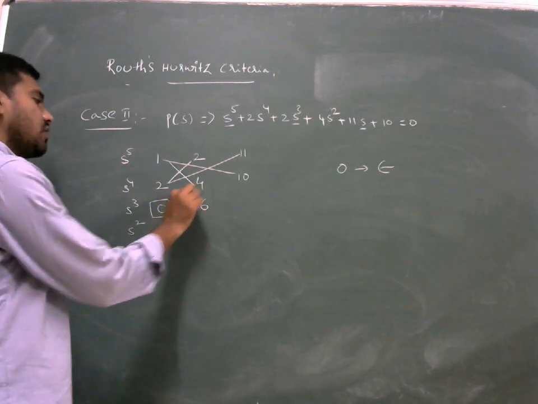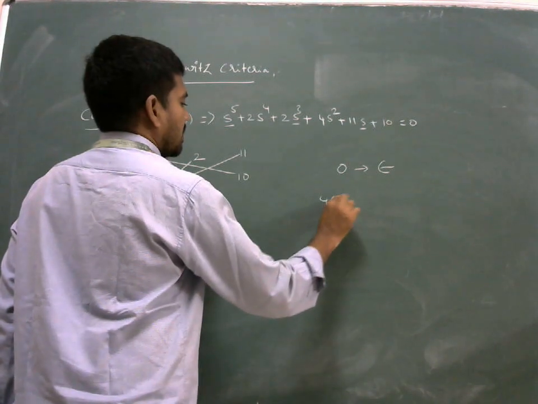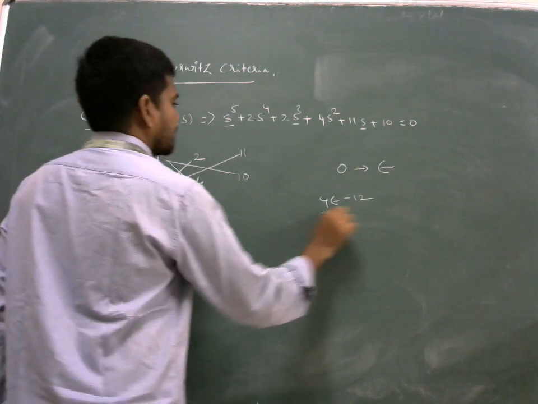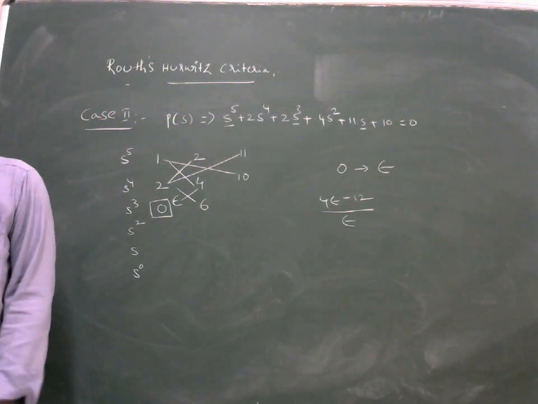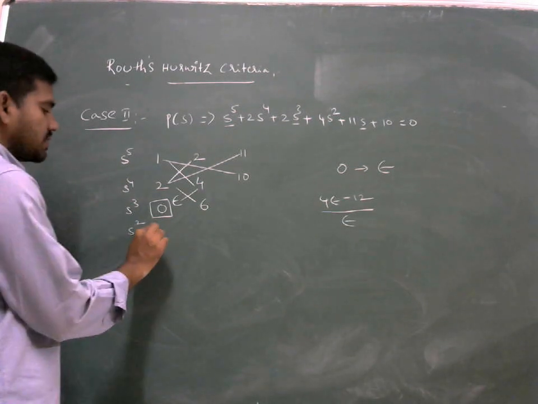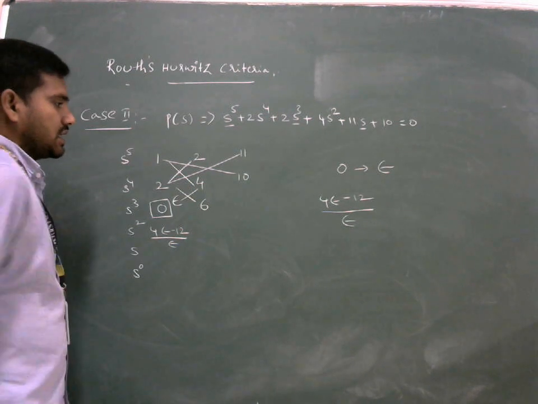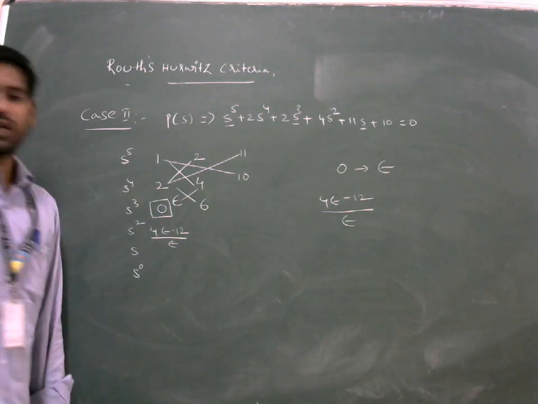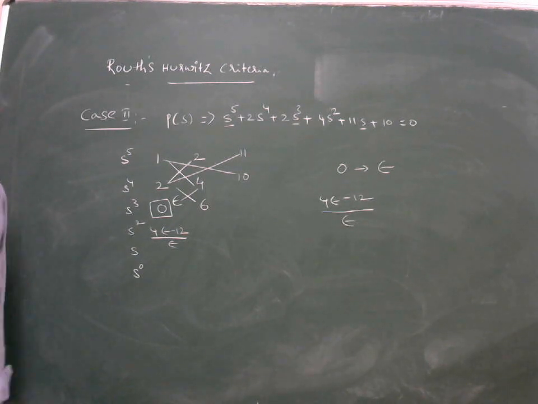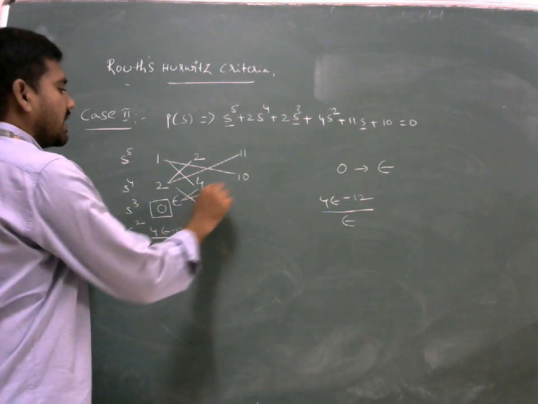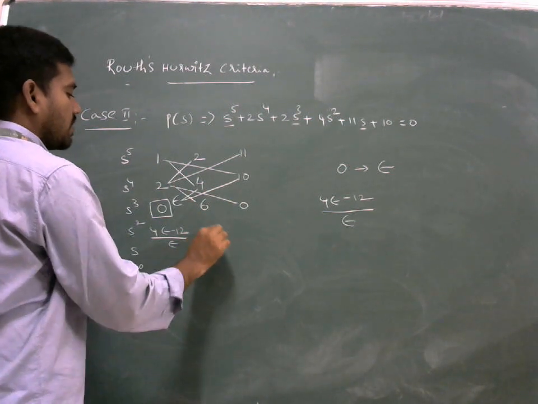Again epsilon into 4 minus 12 divided by epsilon, we get 4 epsilon minus 12 by epsilon. Now for the next value, 10 into epsilon minus 0 divided by epsilon, we get 10.